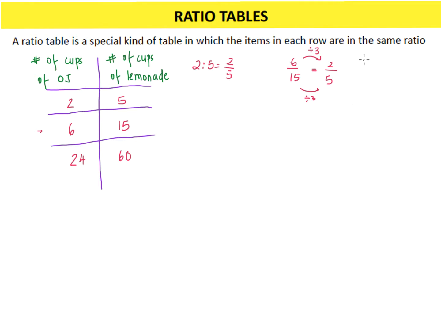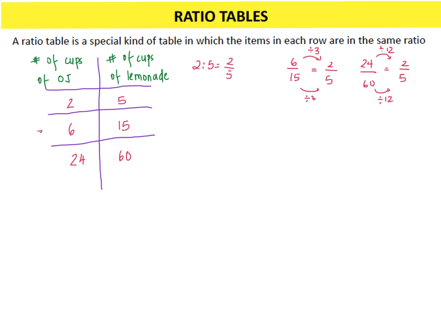So it is 24/60, and again if we divide by 12 on both the numerator and the denominator, we get 2/5. That means the ratio is 2:5 in the simplest form in each row of the ratio table.